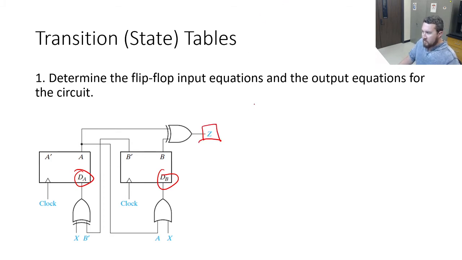Looking at dA first, we see that dA is equal to X XOR B prime.